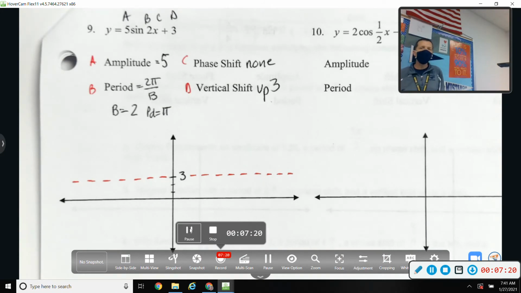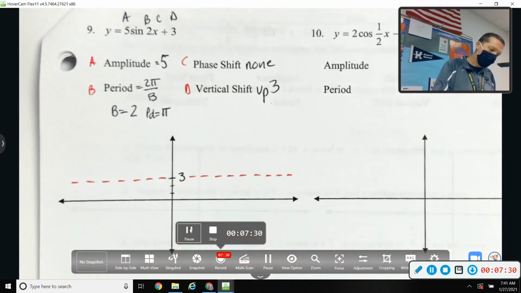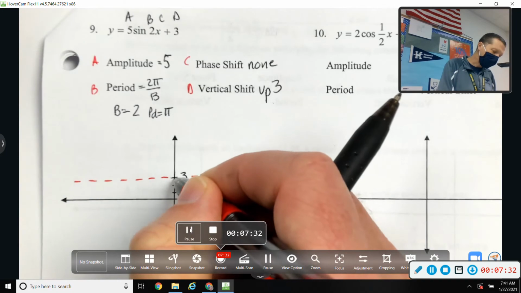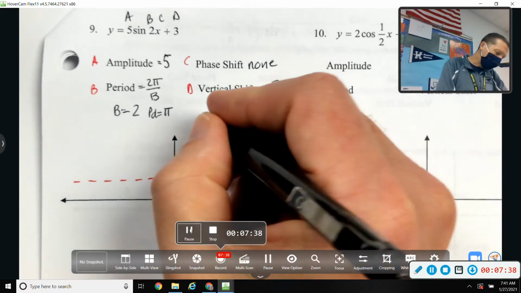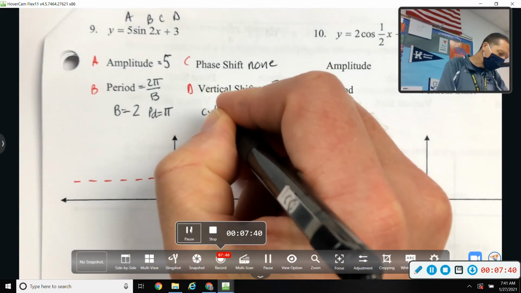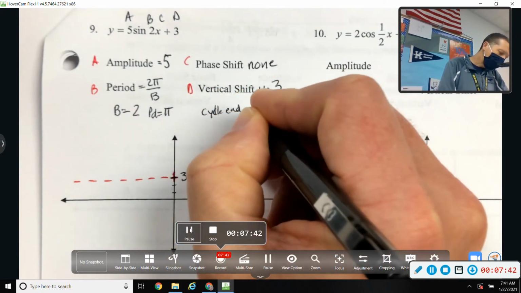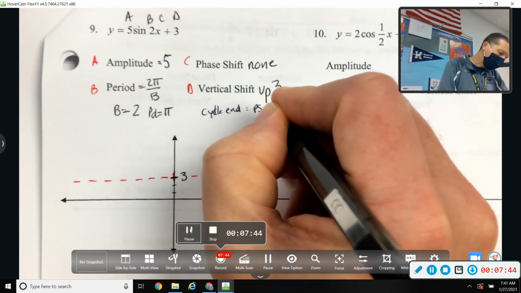You may not know it yet, but phase shift is probably the one you want to be 0 more than any of the others because it really messes with fractions and it just gets tricky if there's a phase shift. So we prefer there to not be a phase shift if we had our pick. Period is pi, so that means my cycle will end at the phase shift plus the period.